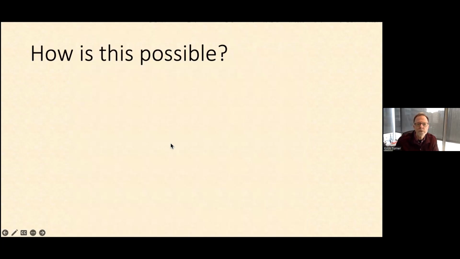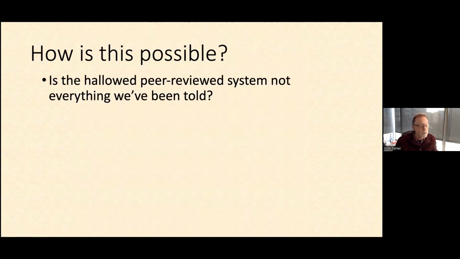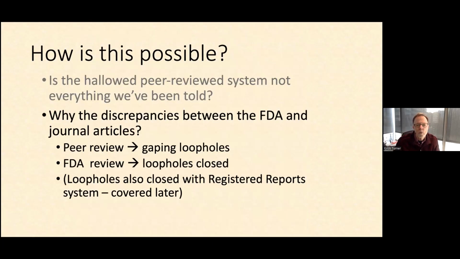So how is this possible? Why is this happening? Is the hallowed peer review system not everything that we've been told? Why do we have these discrepancies between, in the case of the antidepressant study, the FDA and the journal articles?